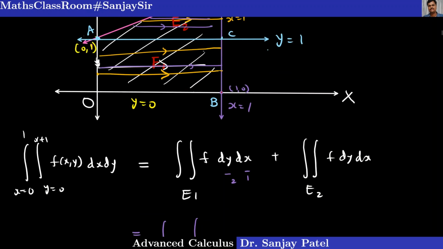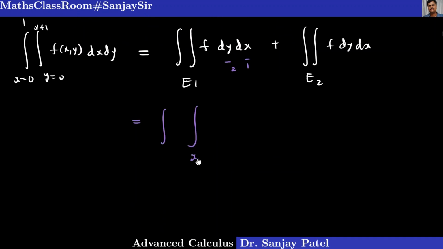Here in this rectangle x changes from 0, which is the equation of the y-axis, to the equation of this curve, x equal to 1. So this is your phi y and this is your psi y. So x changes from 0 to 1.